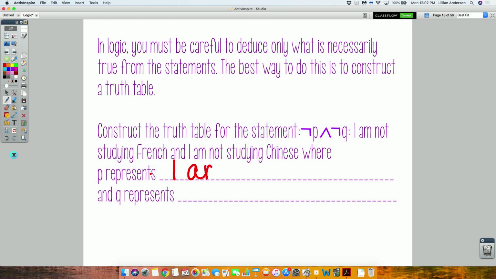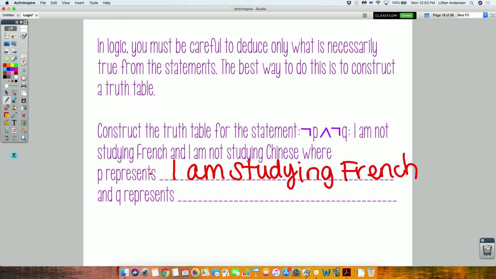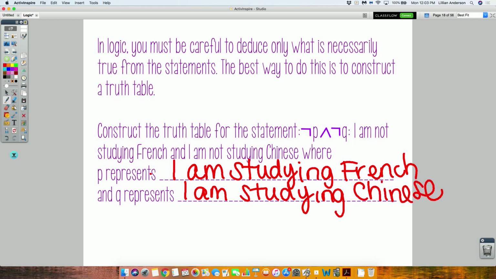Careful. I am studying French. So remember, it's just P, not not P. So then Q would be I am studying Chinese. We have to have the "I am." Make a conjunction. Okay?